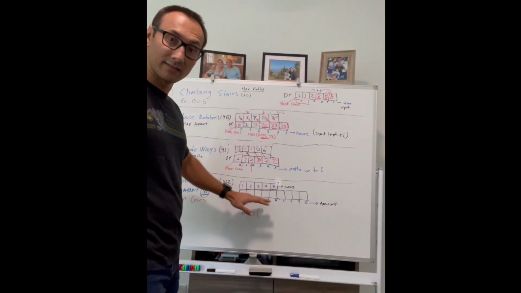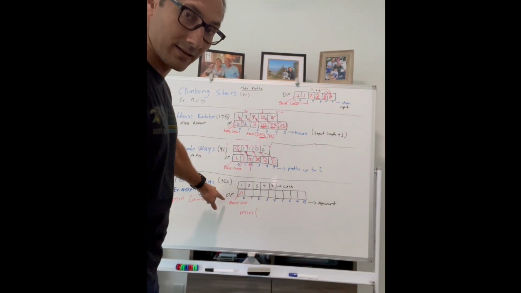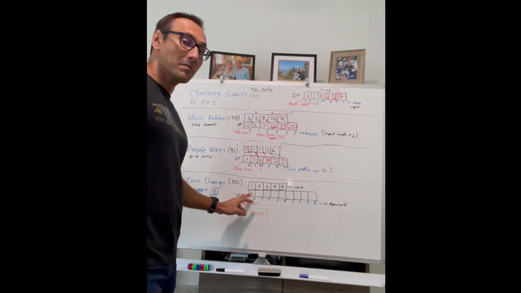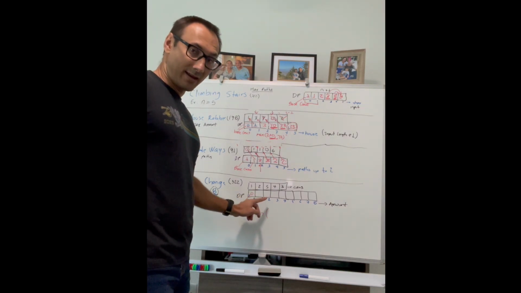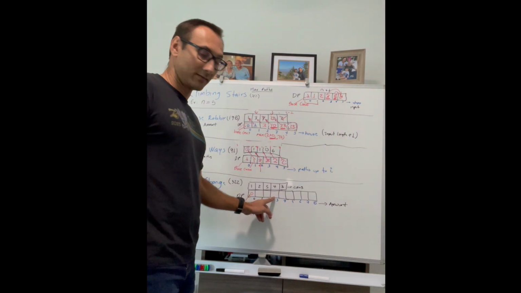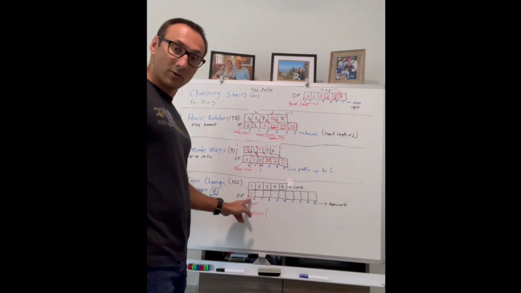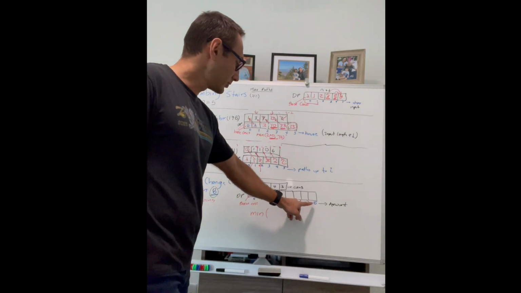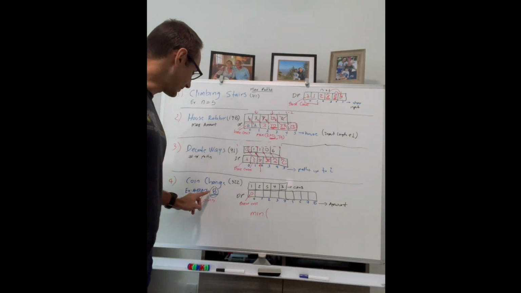We are using the dynamic programming array to keep the minimum number of coins we can use to get the amount we have in this position. So here is $0, $1, $2, $3, $4, $5, all the way up to the number of the input in the example. In this example it is 8.